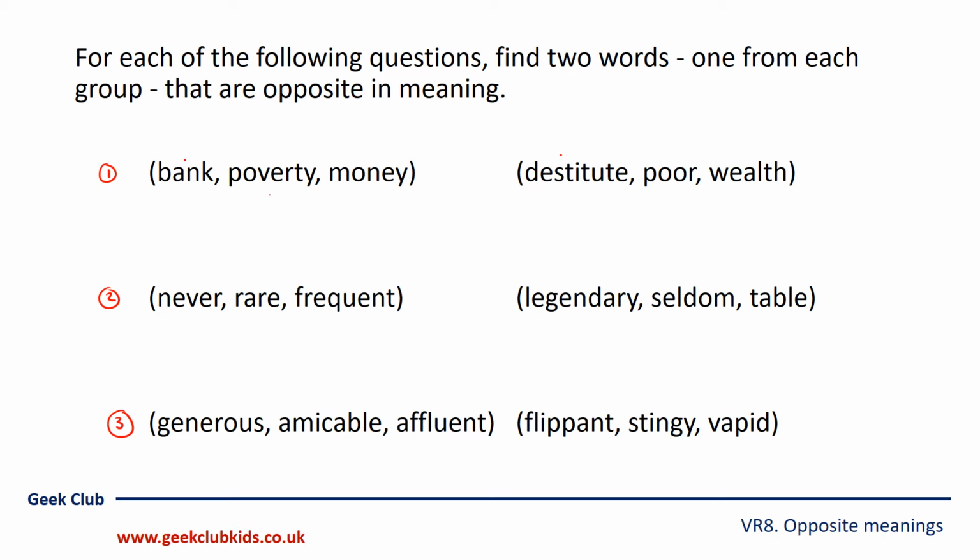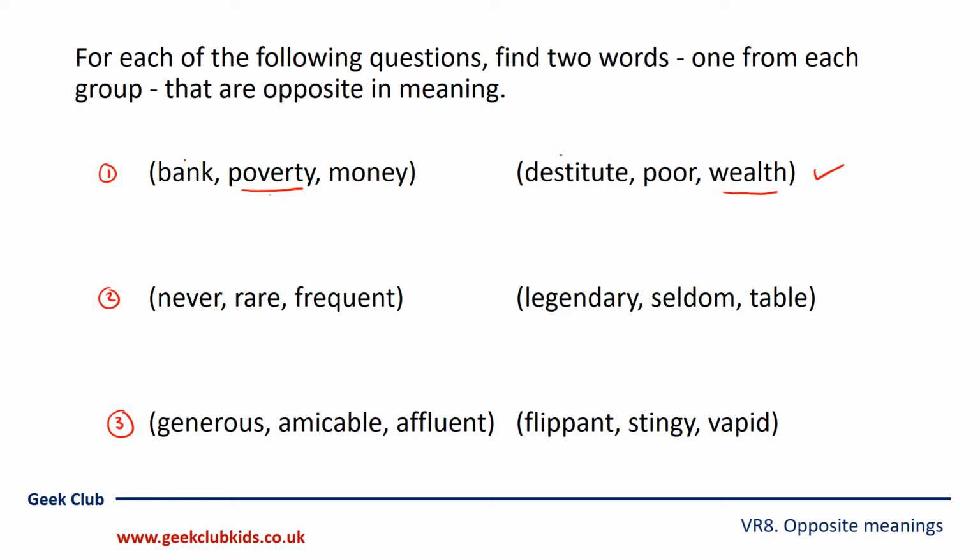Poverty and wealth. Poverty and wealth are opposite in meaning. So let's make a note of that. But let's just check the other pairs. Money and destitute. No. Money and poor. Well, no, if you're rich, you do have money, but it doesn't actually mean the opposite of poor. And money and wealth. No, they don't mean the opposite. So poverty and wealth would be the correct answer here.